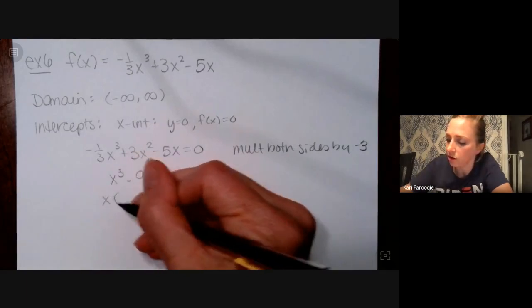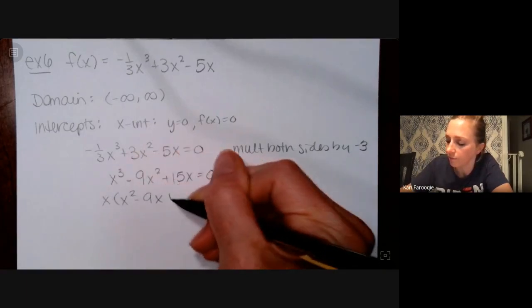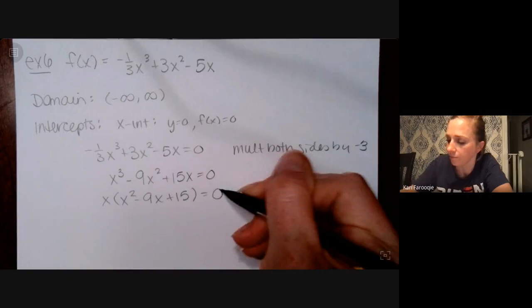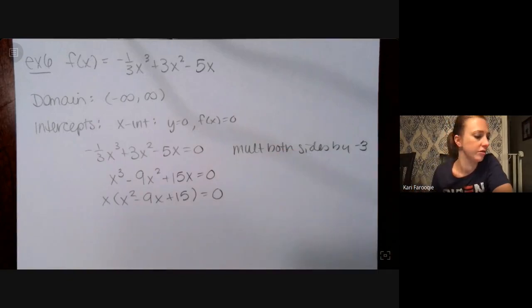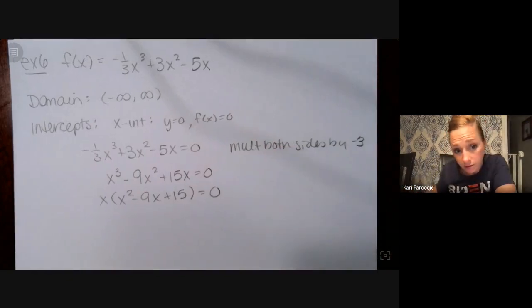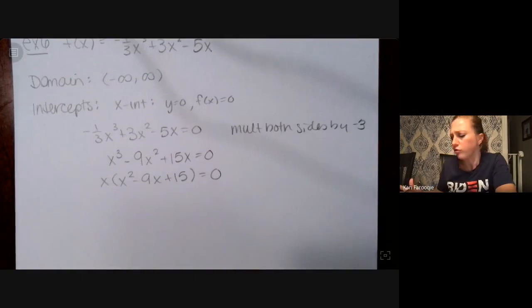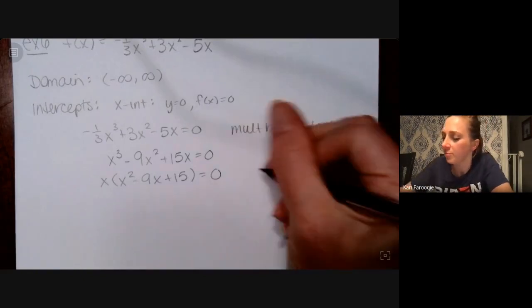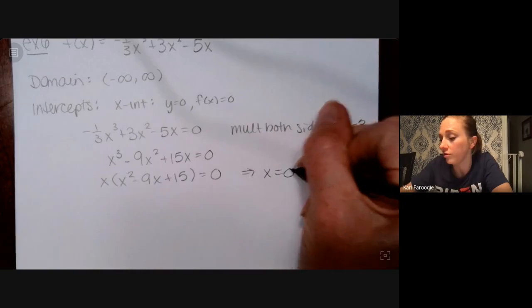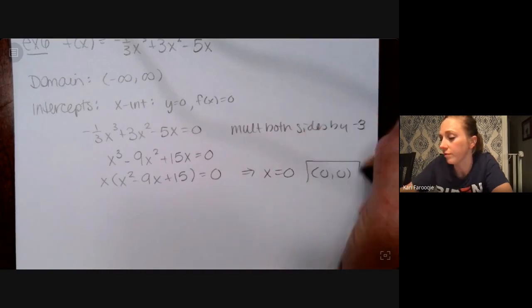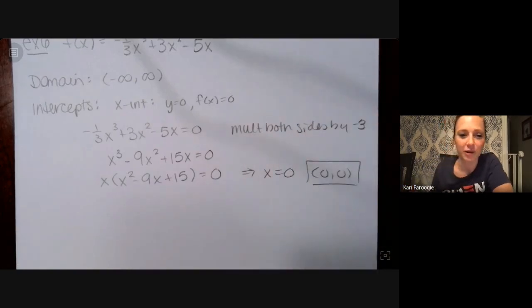Then you can factor out an x, and it looks like this. Then you're asking yourself, what 2 numbers multiply to 15 and add to -9? You're not going to find them because you're going to have to use the quadratic formula. But at least we know that x equals 0 is an x-intercept. That's something, right?